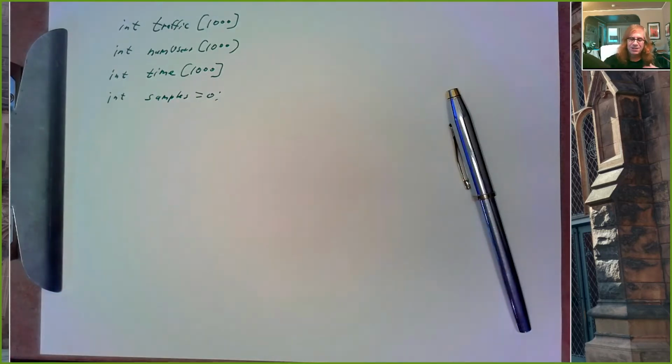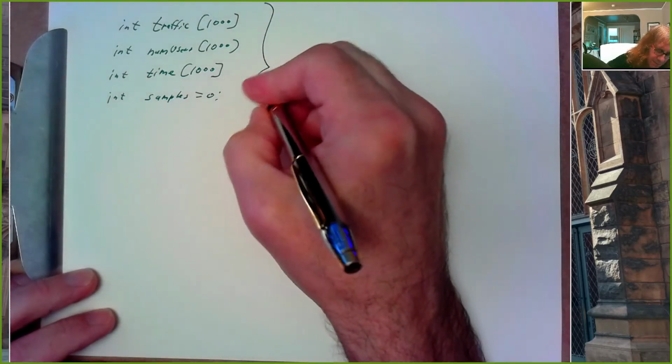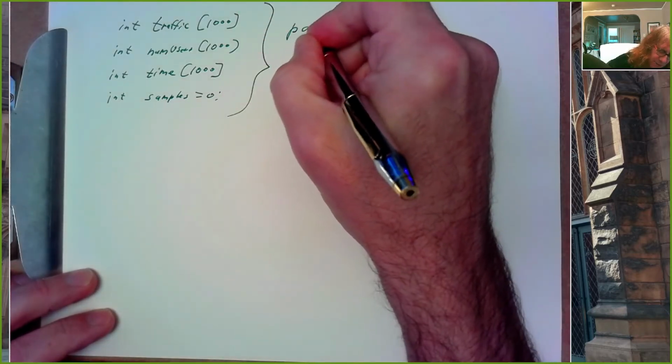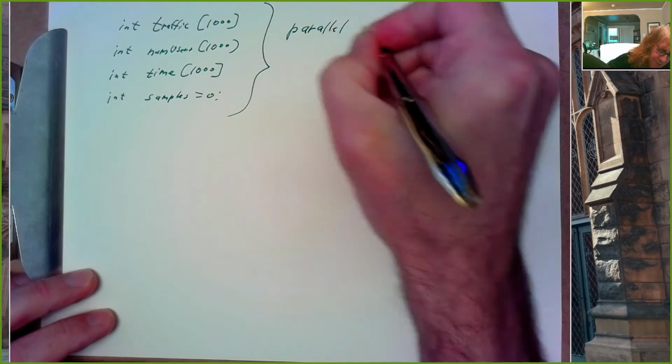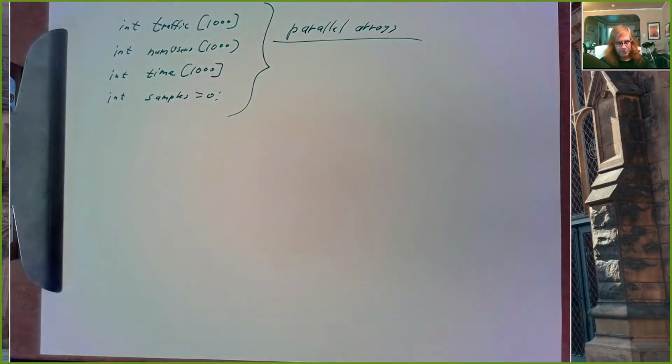The next time we take a snapshot, we'll store them at elements 1, and so on. This works great, right? We can do this, no problem. This is an approach that's loosely called parallel arrays. And we have 3 arrays storing 3 different types of information.